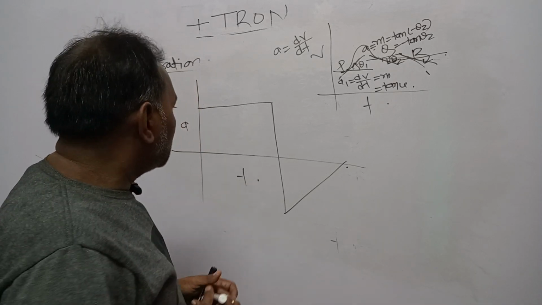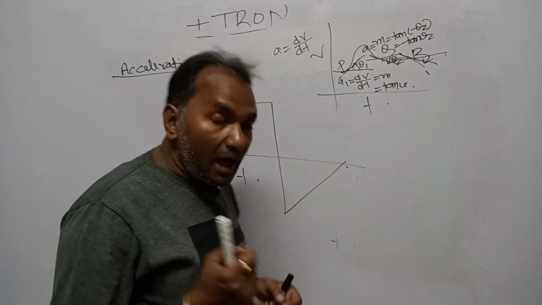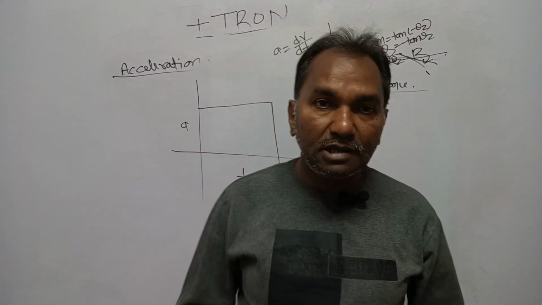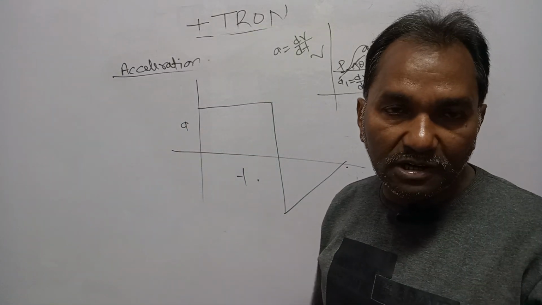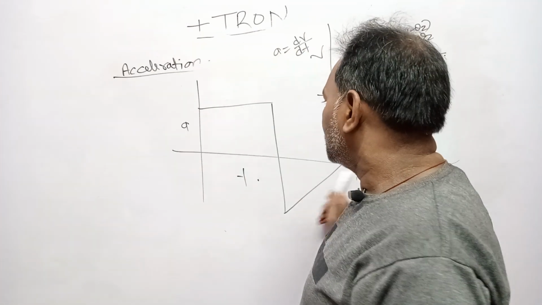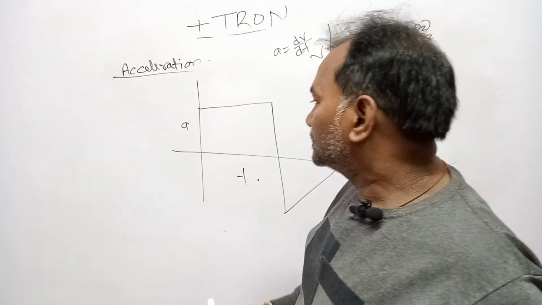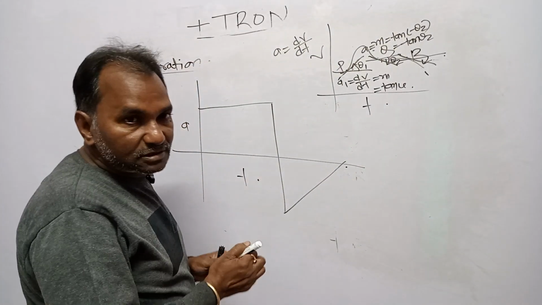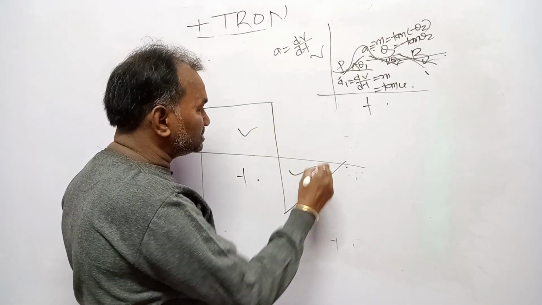Dear students, if you have to find out the velocity, then you have to find out the covered area between the graph and the x-axis. It is a graph and this is the x-axis. The covered area between graph and x-axis means this area plus this area.